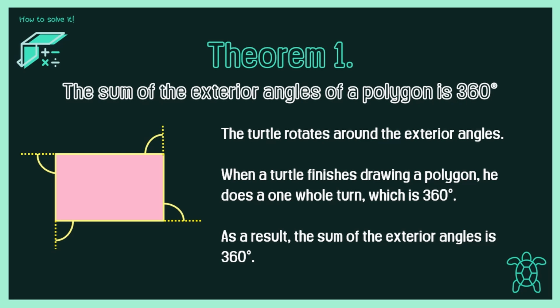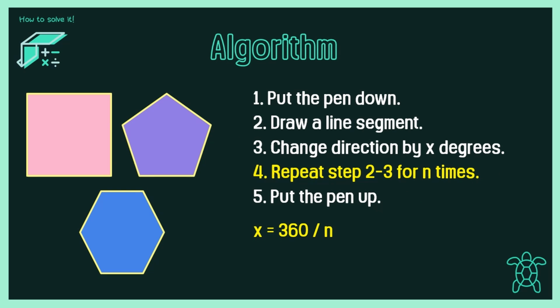And the turtle changes the rotation n times. So at each vertex, the degrees to rotate should be 360 degrees divided by n. So here the x is 360 divided by n.